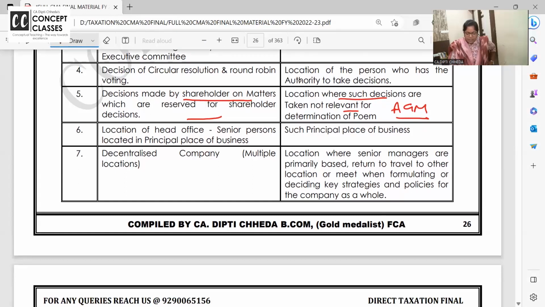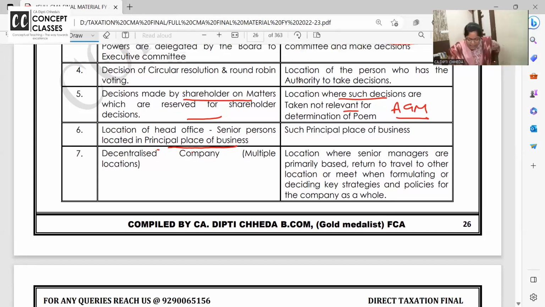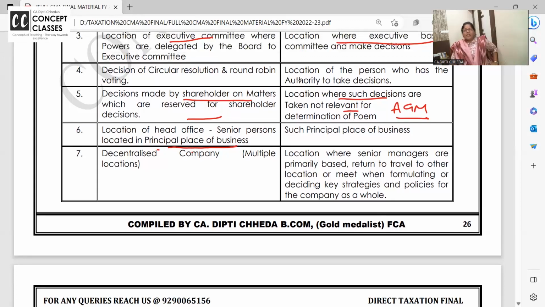Location of head office: senior persons that are located in the principal place of business. Suppose we have 18 branches across India and the world, but the main principal place of business is New Delhi. If that place is in India, then residence is India.